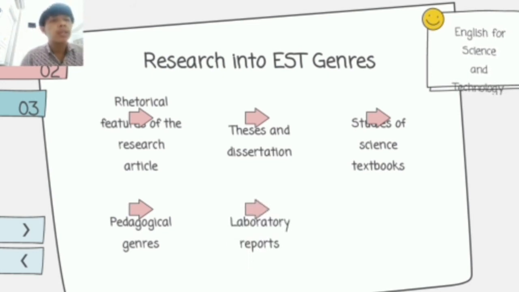Next we have laboratory reports. Braine's 1989 study of writing assignments in science and engineering courses found that most assignments were either lab or design reports. Other writing included summaries, reactions, case studies, and library research papers.